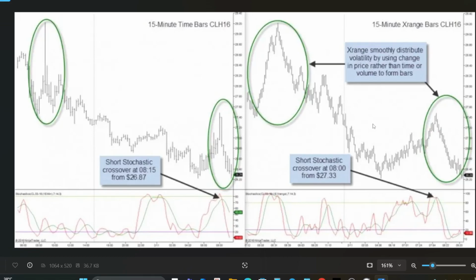It is designed to help you spot trends and reversals with more precision, making it a great tool for identifying market momentum. Now, the Kase bar chart is based on the work of Dr. Julie Kase, a renowned expert in technical analysis.